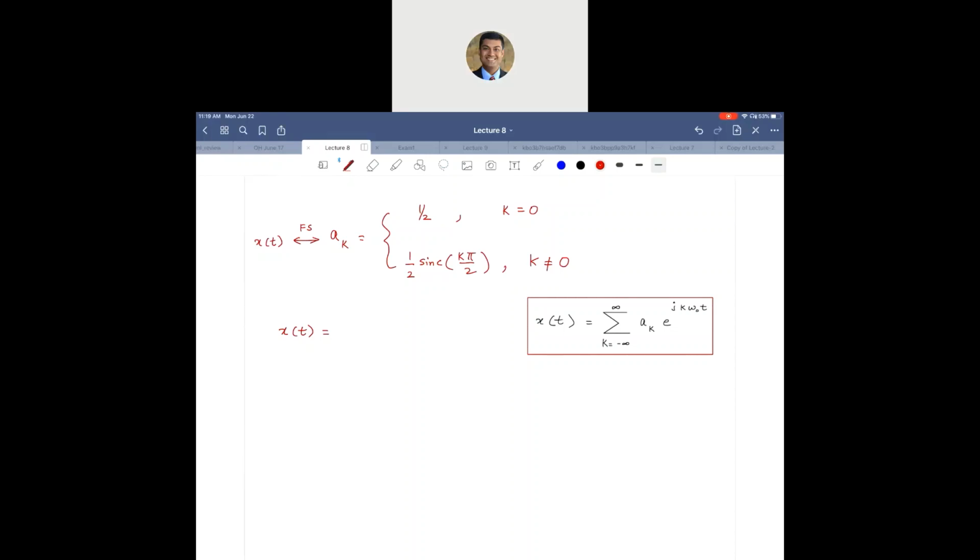So if I break this down into the two cases that I have for the bracket notation, I can say x of t is half, that is when k equals 0, plus the summation k equals -infinity to infinity and k is not equal to 0, of ak, which in this case is half sinc k pi over 2, times e to the negative j k omega naught, and omega naught we know is pi over 2.